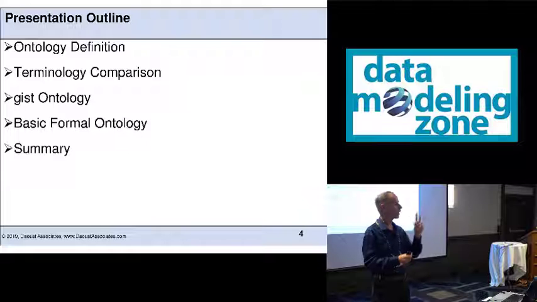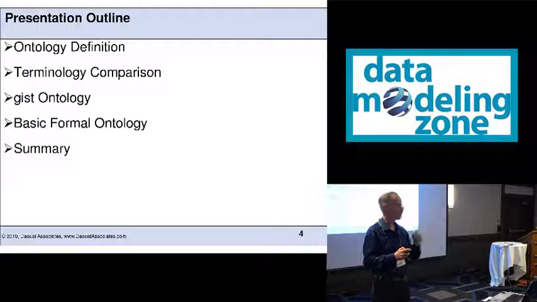Then we'll look at 2 high-level ontologies. One is called GIST, and the other is called the Basic Formal Ontology. And I've deliberately ordered those in that order. I think the GIST one is the one you will relate to most easily. And the Basic Formal Ontology may be a bit challenging because they use different terminologies.